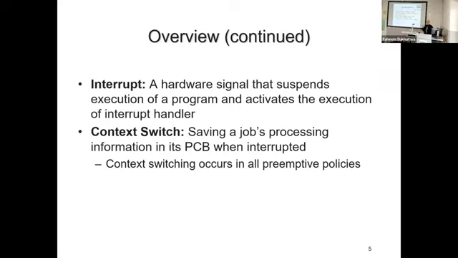We have two types of systems that run, either non-preemptive or preemptive. A non-preemptive system is a system that will not forcibly take the CPU from a process or any device.